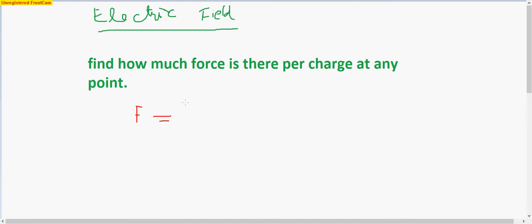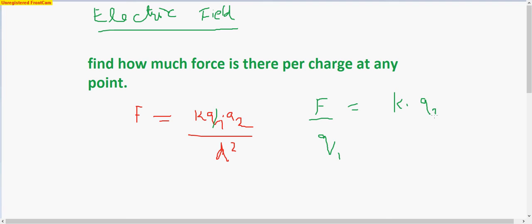Now, what is force? We know an equation for force, right? K into Q1 into Q2 divided by d squared. Now, suppose we want to find the electric field for Q1. Therefore, we divide by Q1. Q1 goes off, right?